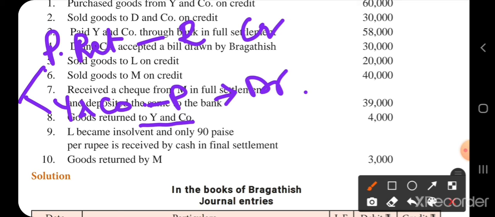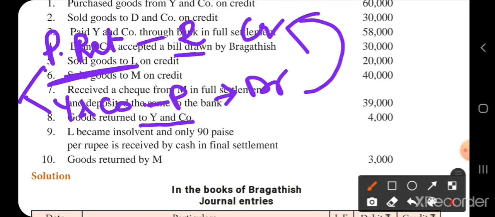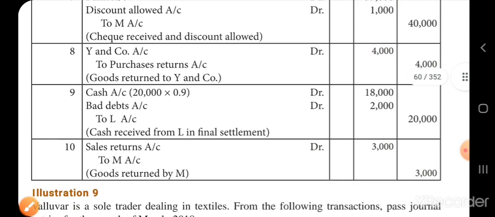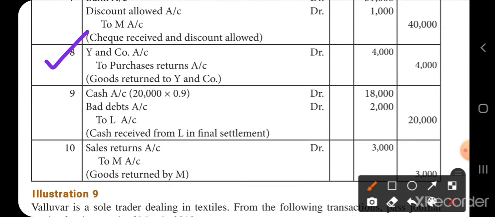So the entry is YN Company account debtor to purchase returns. Now this purchase returns can be treated as a nominal account, and since it is related to goods, it can also be treated as a real account. Now look at the solution here. YN Company's account debtor to purchase returns 4,000.